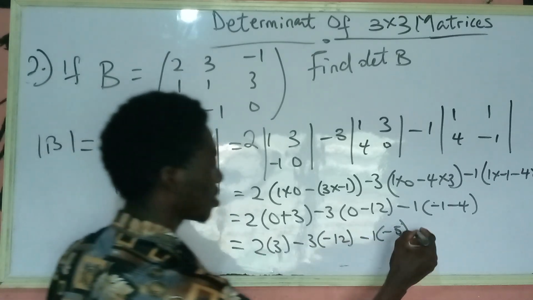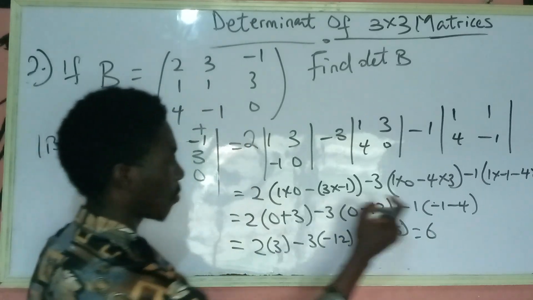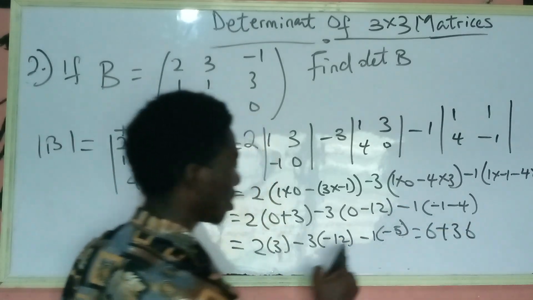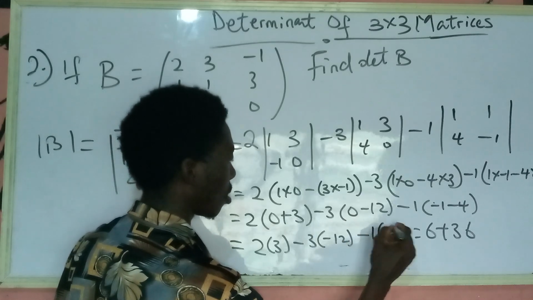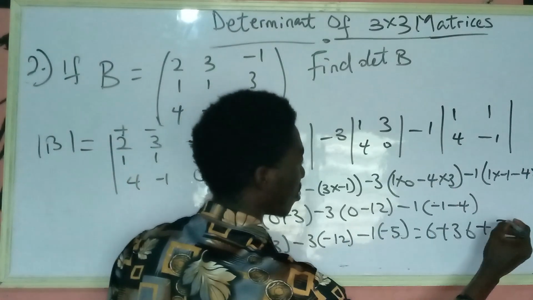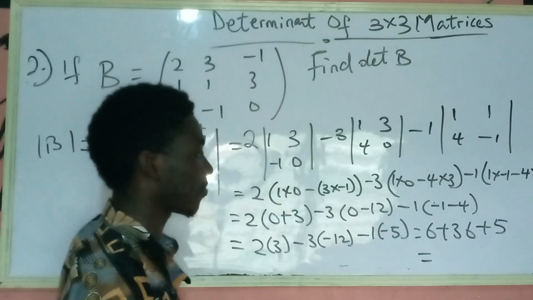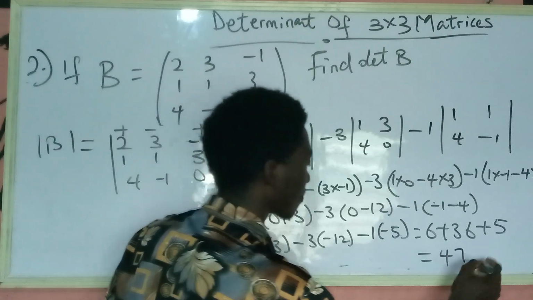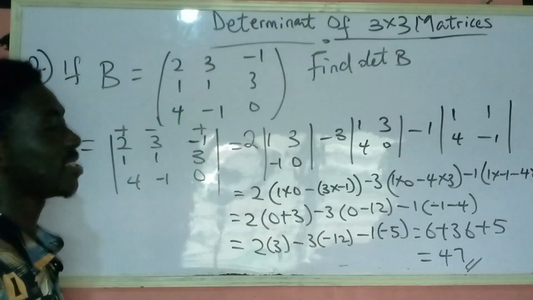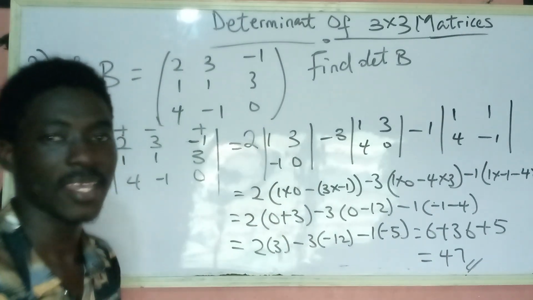So you have 6 plus 36 plus 5. And we know what that gives us: 47. So that is how to find the determinant of a 3 by 3 matrix.